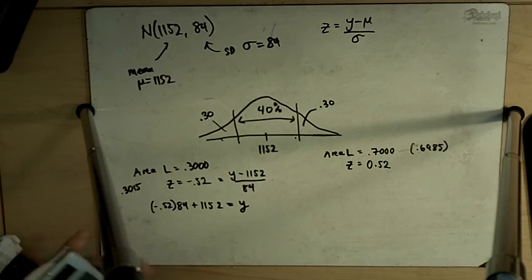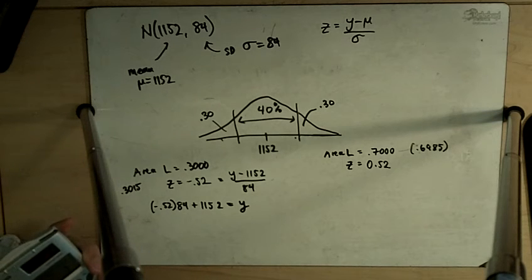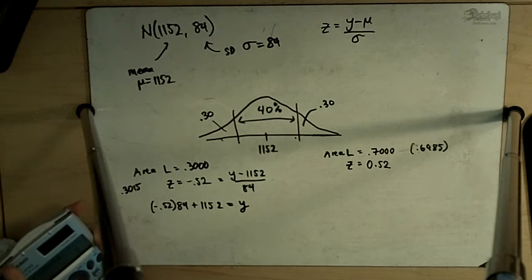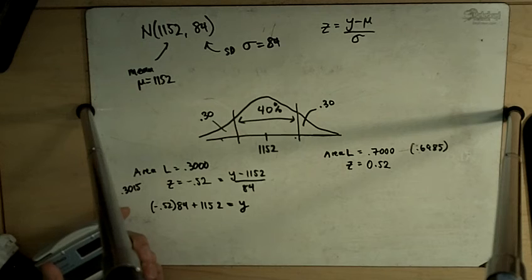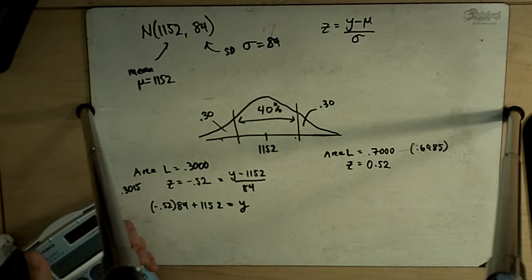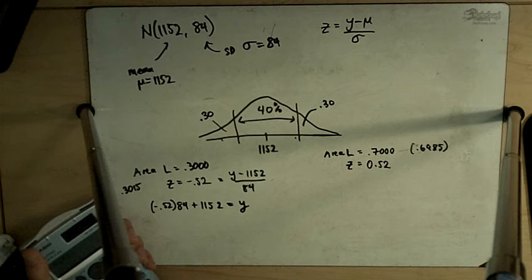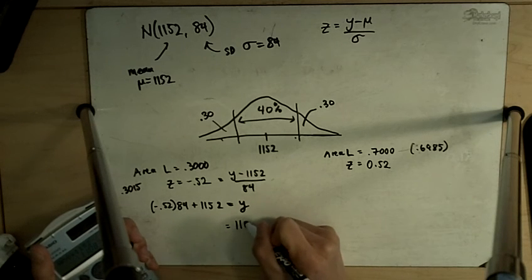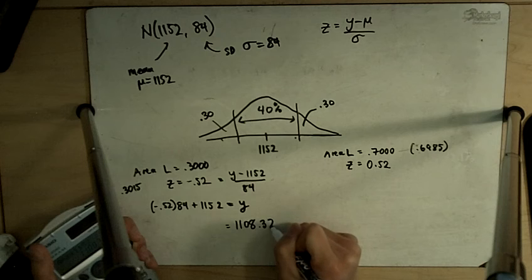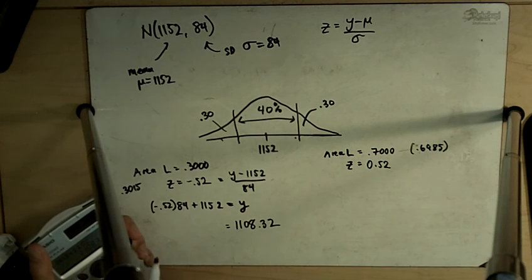And so here I have negative 0.52 times 84 plus 1152. Oops, I think I messed something up there, so let me try that again. Alright, so I get y is equal to 1108.32 on that side.